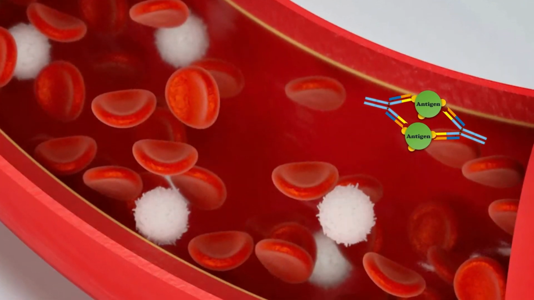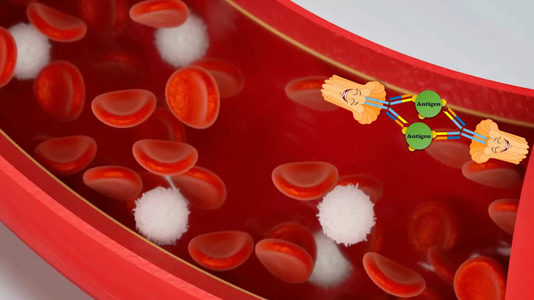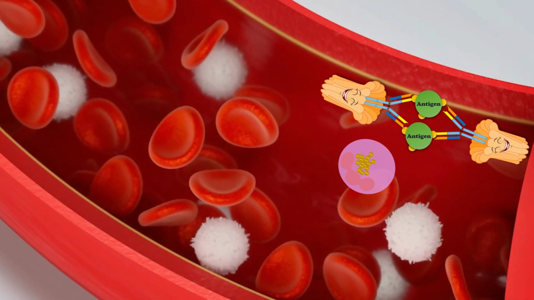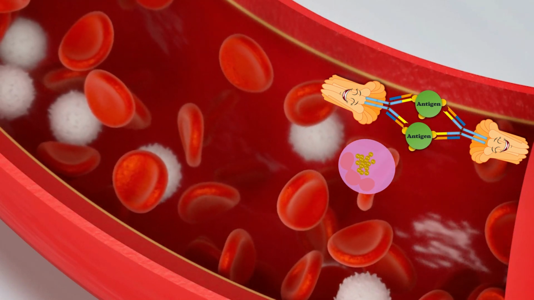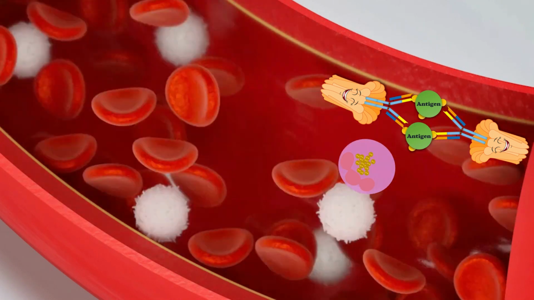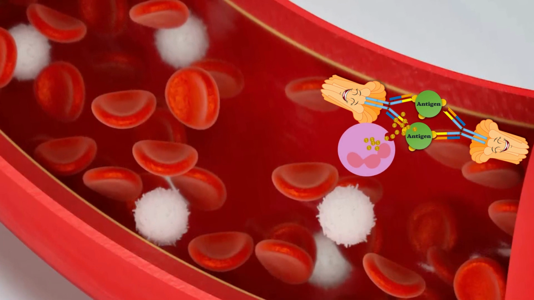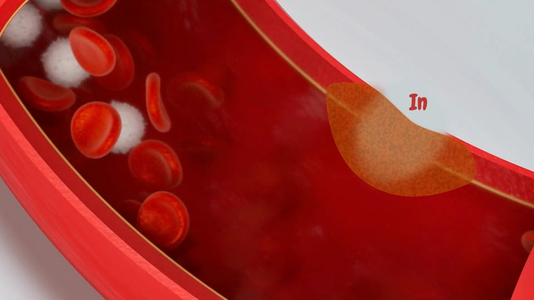This complex then deposits in particular tissues, and those tissues are mostly blood vessels, the basement membrane of lungs, kidney, and in the joints. This deposition activates the complement cascade and attracts neutrophils. Now, what do neutrophils do? Yes, neutrophils will release lysosomal enzymes and cause cell death and inflammation.